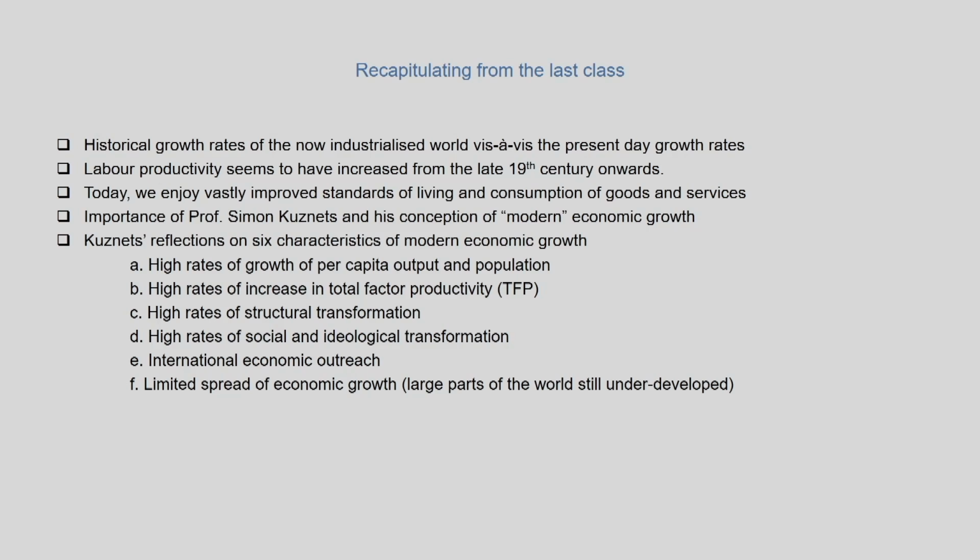There was production of manufactured goods, which is why these countries are also referred to as the highly industrialized nations of the world. And in recent decades, with respect to structural transformation, we also see that there has been a movement of labor from the industrial sector to the services sector.